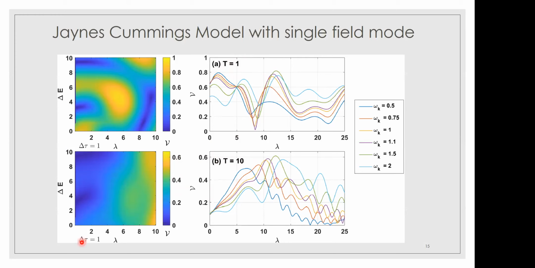So for a fixed parameter delta tau, we see that the high visibility features of this plot are lost as one goes into the high temperature regime. We will see how this compares with other parameters. Right now we are seeing how it compares with lambda, and we see that in the low lambda regime, one can clearly say that for high temperatures, the visibility is much lower than at lower temperatures.